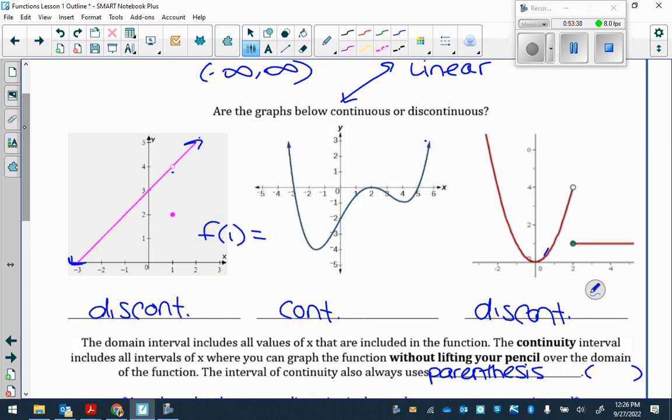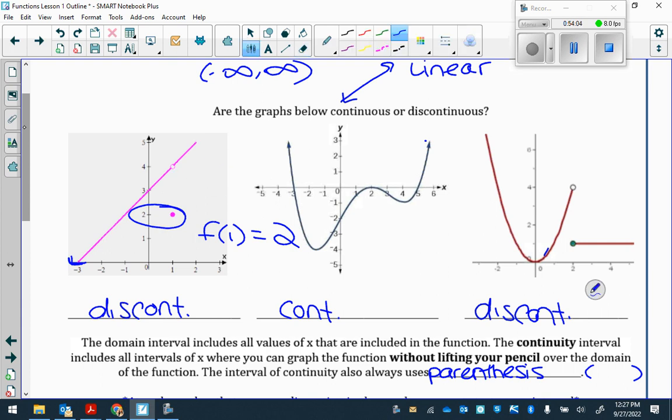Nope. F of 1, it would be 2. It wouldn't happen at 4, okay? You can't even say for f of 1, it looks like 2 values, but if I had 2 values there, it wouldn't be a function, right? Okay, so here is a prime example.